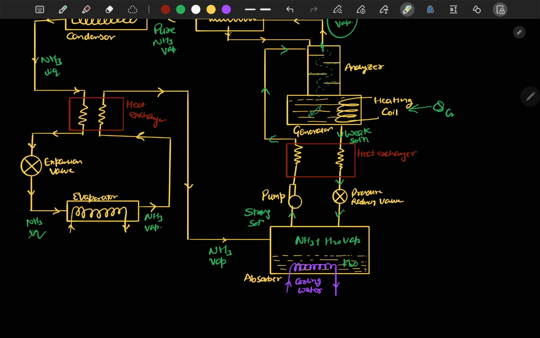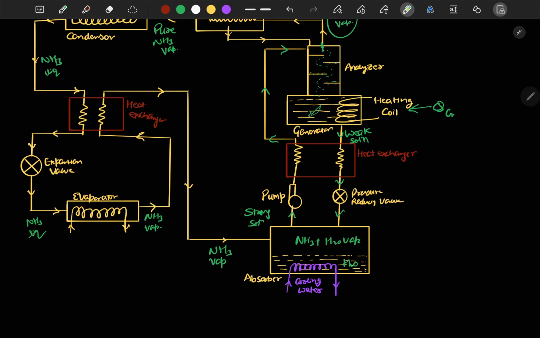Now we can utilize this heat in case of our pump output, and when we send it here, our strong solution will have high temperature, and the weak solution when it reaches here will have low temperature.